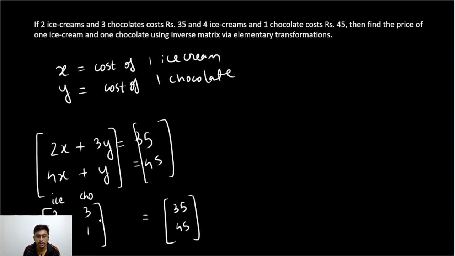But this is not a correct equation because we are missing x and y, which is the cost of 1 ice cream and 1 chocolate. 1 ice cream costs x and 1 chocolate costs y. So now it makes sense that x is the cost of ice cream and y is the cost of chocolate, in rupees.